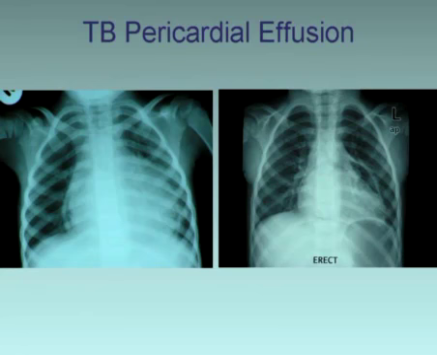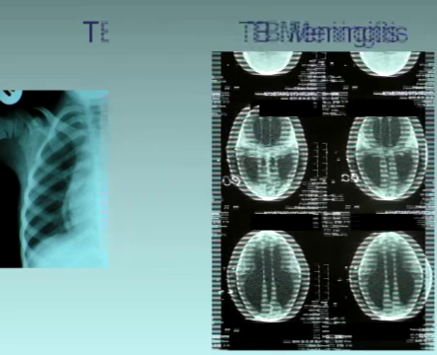This is a patient with TB pericardial effusion. They had very large hearts. They removed the extra fluid, and you can see what actually happened was the lining of the heart was stiff. It was stuck with TB. And then this is the heart itself. There was air left in the pericardial space.